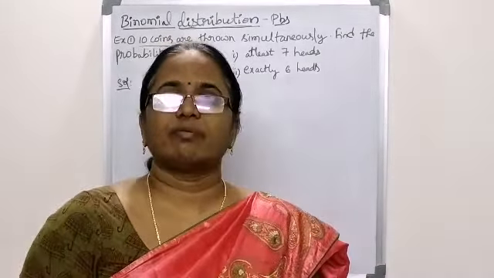Similarly, when x is 7 and n is equal to 10, we have P of 7 equal to 10C7 into p power 7 into q power 10 minus 7, which is 3.